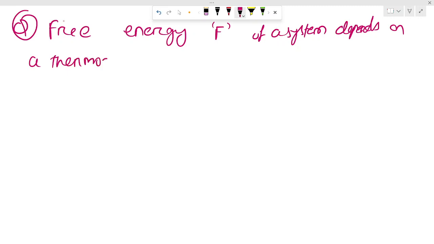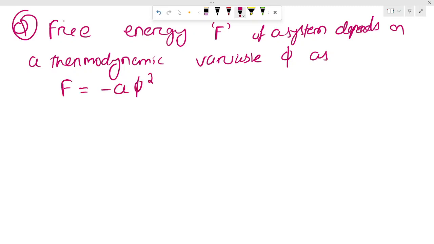The free energy F of a system depends on a thermodynamic variable phi, and the function is given as F is equal to minus a phi square plus b phi to the power 6, where a, b are greater than 0.